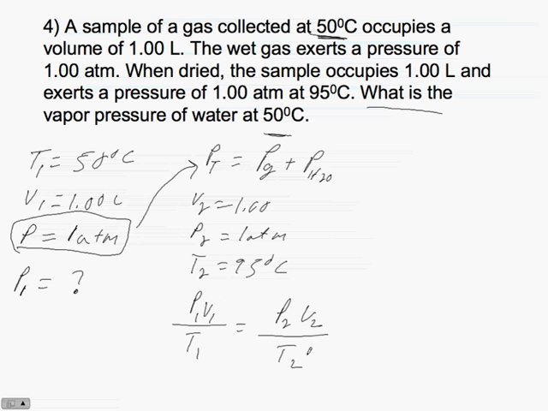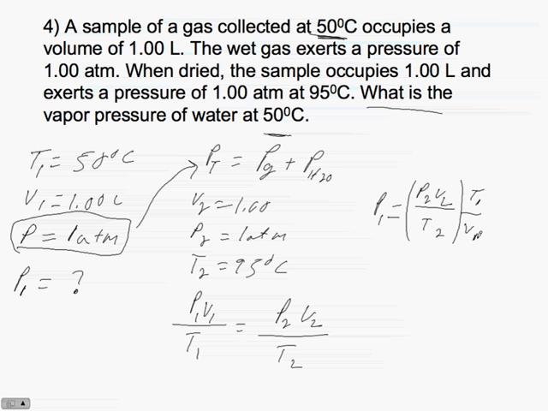Solving for P1, P1 is equal to P2V2 over T2 multiplied by T1 over V1.